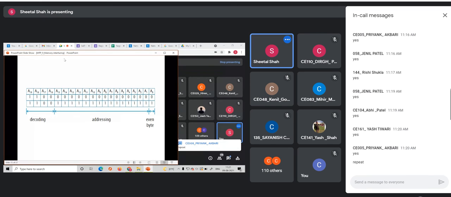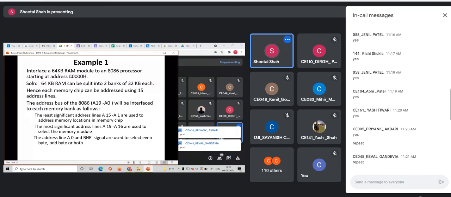Okay. Here it is given that the required memory range is 64 kilobyte. Since I want a range of 64 kilobyte, I have to divide it into two banks, even bank as well as odd bank, which is of 32 kilobyte each.